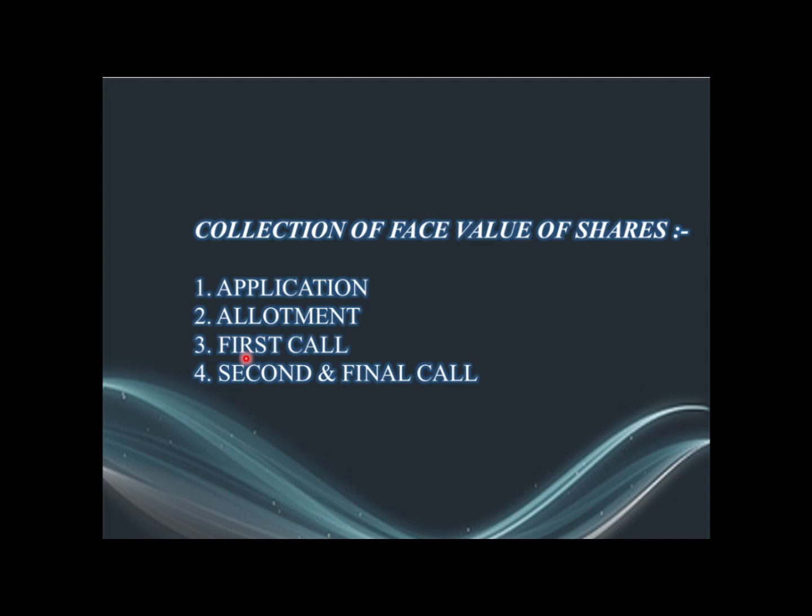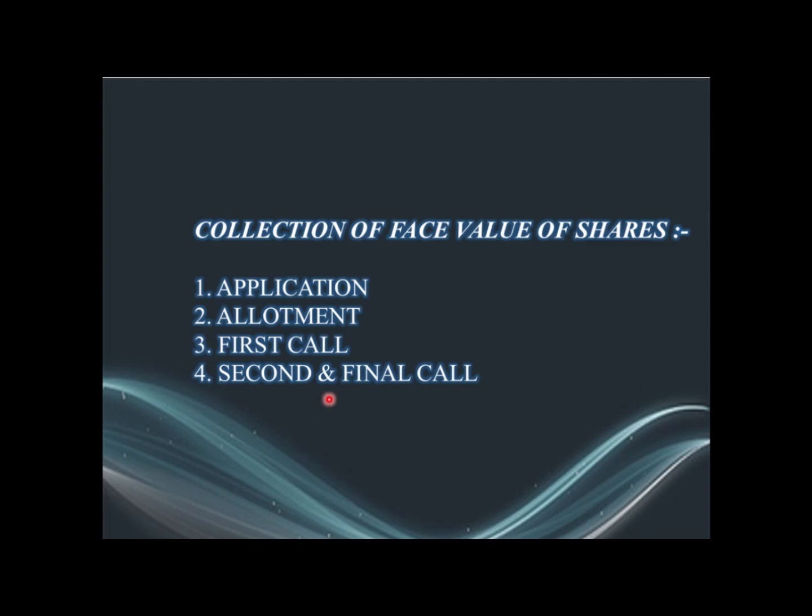Share first call account is credited in the second entry and the amount of share first call account in both the entries will remain same. Similarly, in case of second and final call, share second and final call account is debited in the first entry. Share second and final call account is credited in the second entry and the amount of share second and final call account in both the entries will remain same.